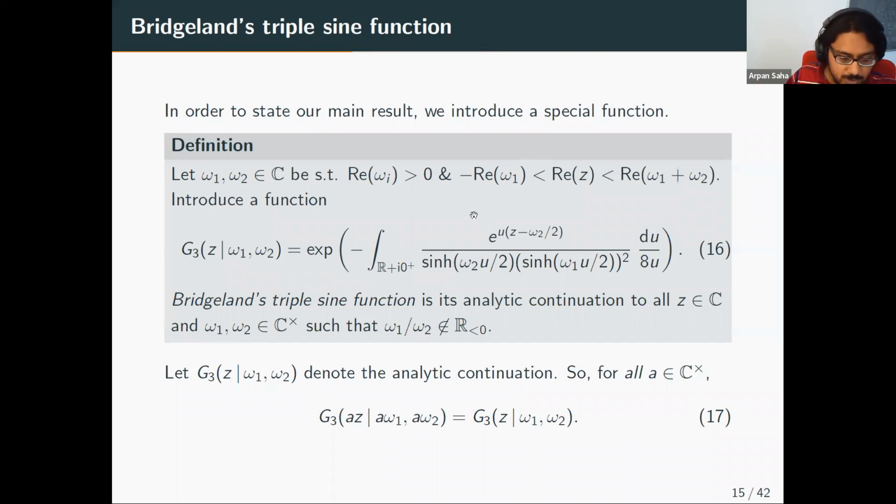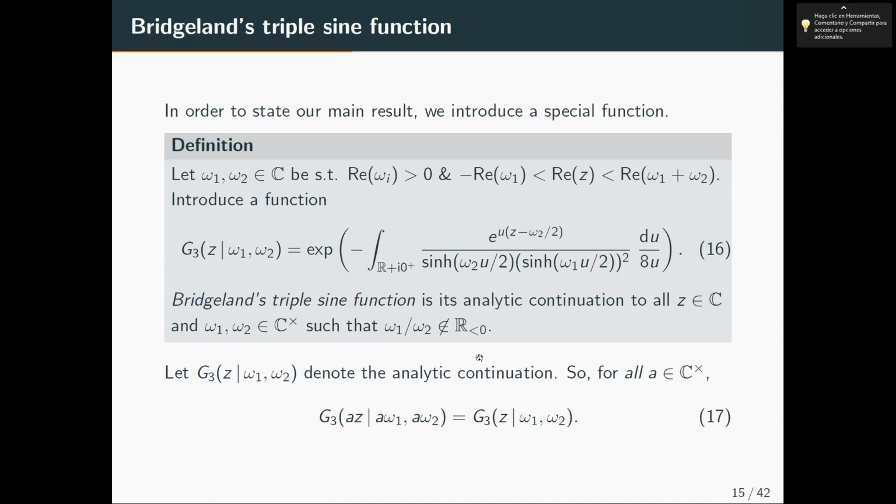So I'll define this function through this integral formula, which is valid in a certain range of the arguments. And then I'll extend it beyond that range through analytic continuation. So that means that, for example, from the integral formula, it's clear that this rescaling property holds when A is in the neighborhood of the positive real axis, because you just have to rescale the integration variable, and that shouldn't change the result, right?